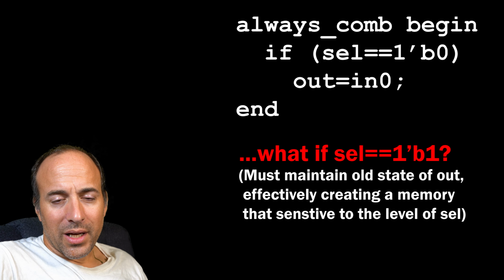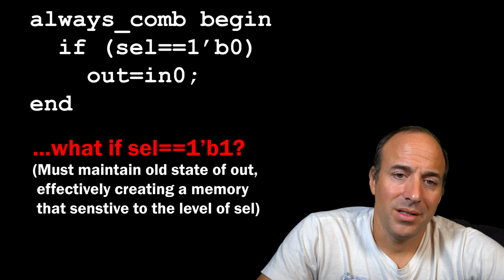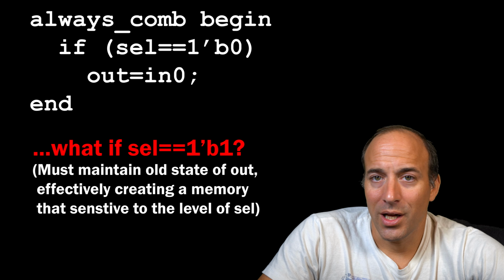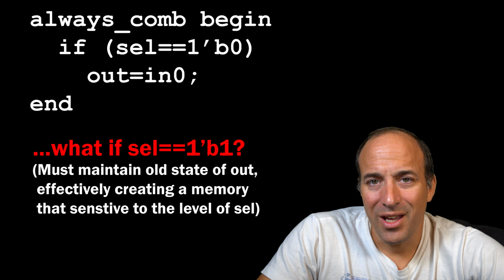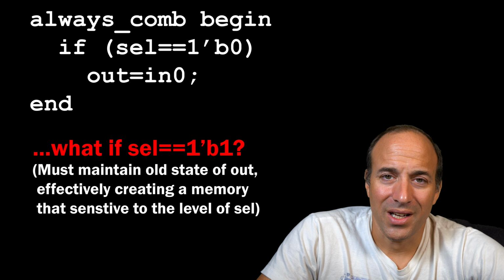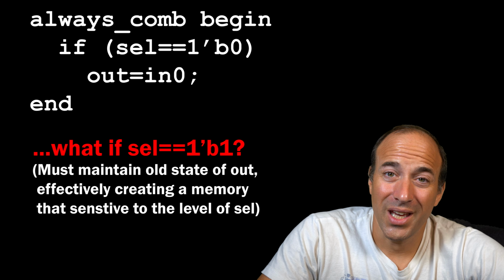This behavior will cause the synthesizer to create a latch, which is a memory element that doesn't use an edge-triggered clock signal. This is always an unintended behavior or an unintended side effect of buggy code, and often will generate warnings from the compiler, but sometimes these warnings are easy to miss.